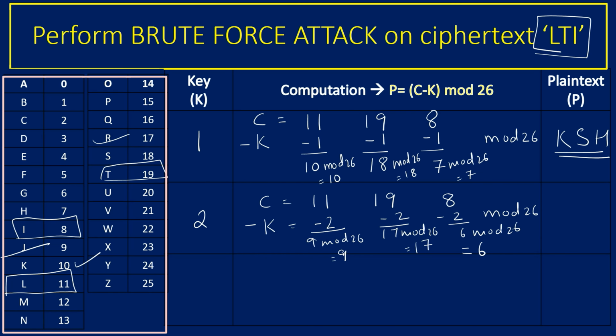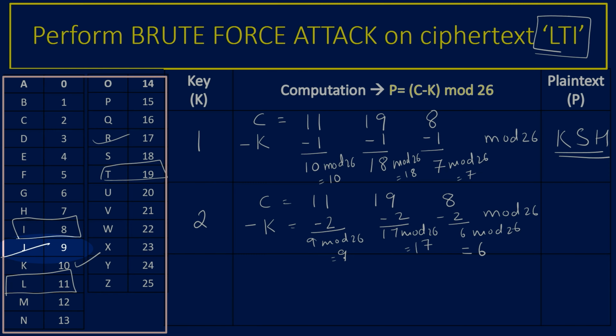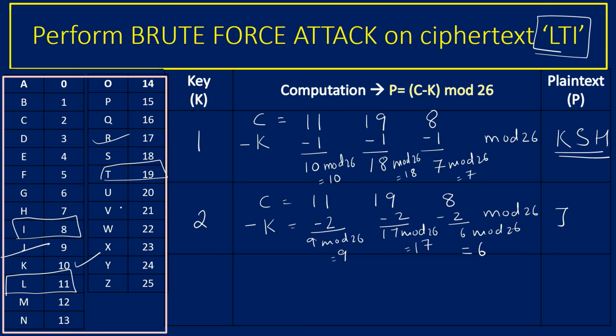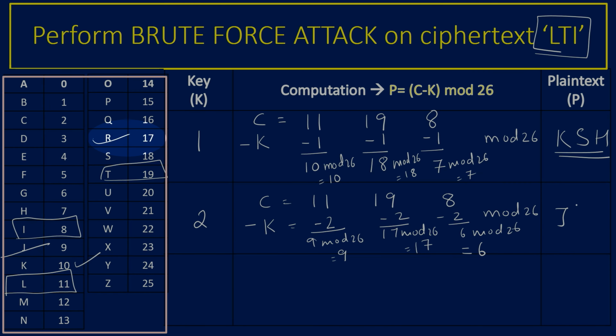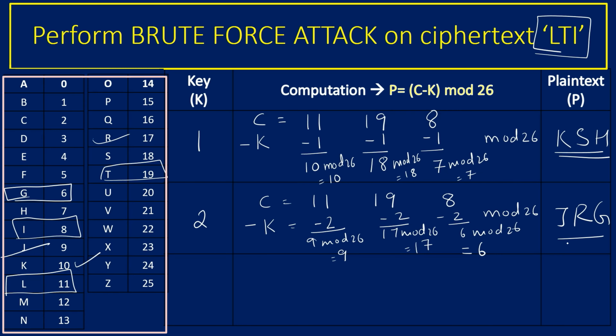The attacker now maps these numbers to the corresponding letters using the mapping table on the left. The number 9 corresponds to J, 17 corresponds to R and 6 corresponds to G. As you can see, the word JRG does not make any sense to the attacker, and hence he moves to using the key K as 3.